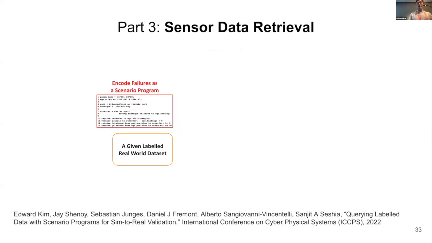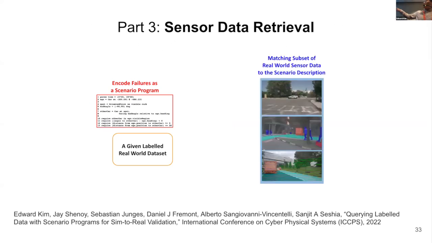So in this case, what we do is, given a SCENIC program, let's say that you identified in simulation that is modeling a distribution of failure scenarios. But that's for now what you found in simulation. And given a labeled real-world data set, we want to identify the matching subset of that real-world data set.